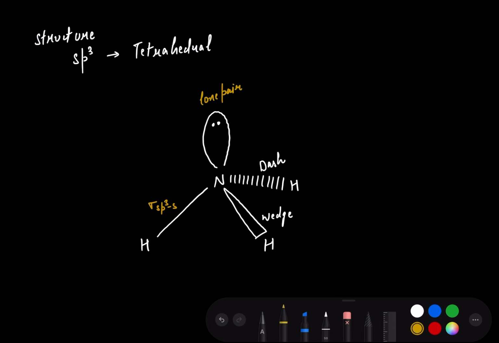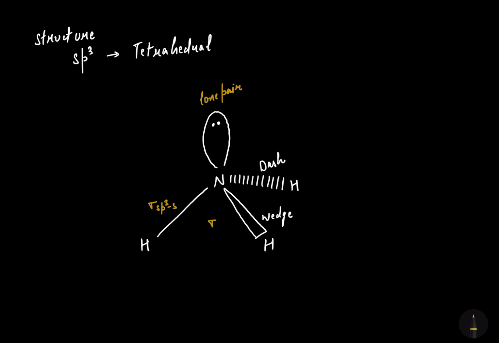And the another bonds also are of the same type, that's sigma sp3s, and the third one also is sigma sp3s, because these three bonds has been formed by head-on overlap of sp3 hybrid orbital of nitrogen with the s orbital of the hydrogen. So in this case, due to the presence of lone pair, we generally do not take the lone pairs while naming the structure.